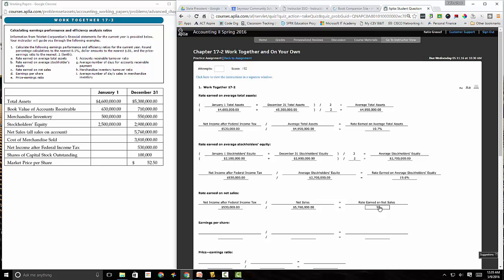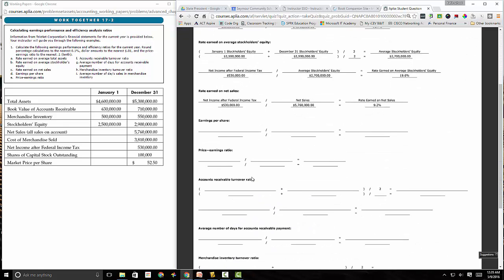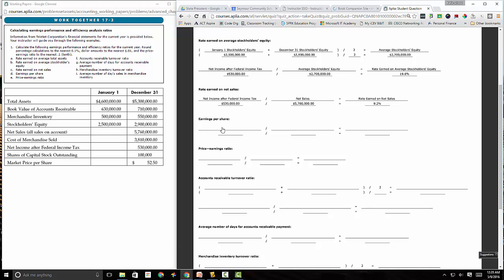I said 2 and typed 5, 9.2%. Earnings per share. Net income after federal income tax divided by shares of stock outstanding is going to give me my earnings per share.